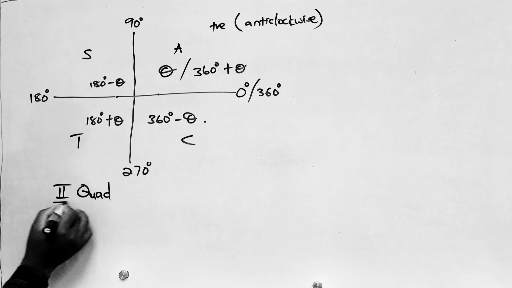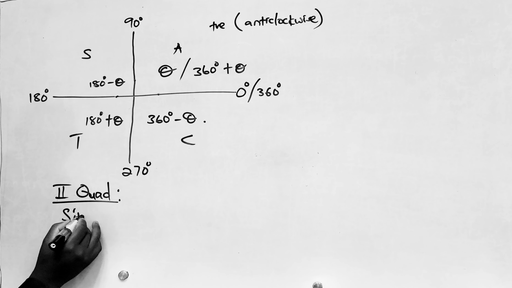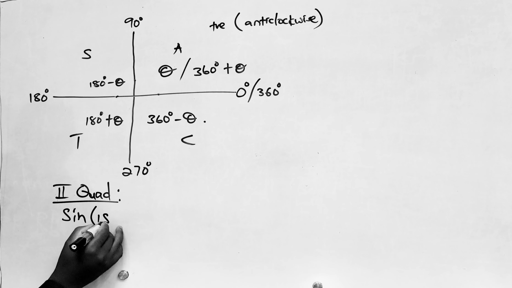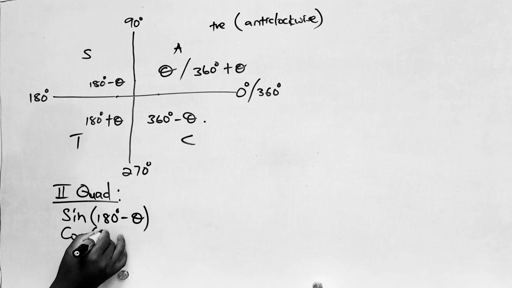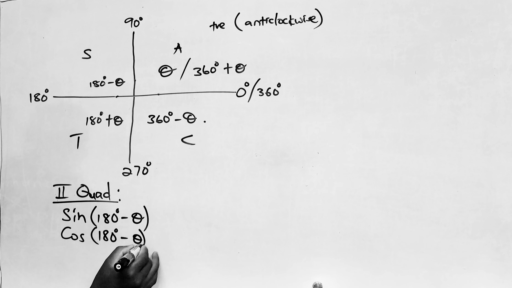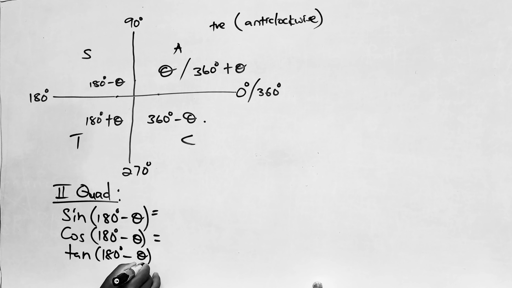Second quadrant. So in second quadrant we have sine of 180 degrees minus theta, cos of 180 degrees minus theta, then tan of 180 degrees minus theta.